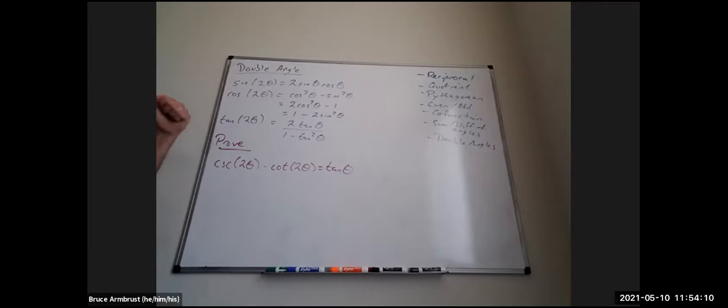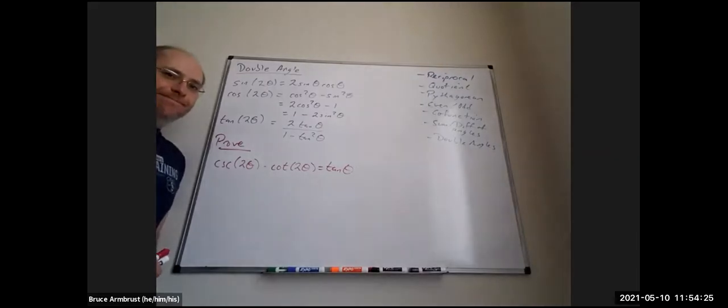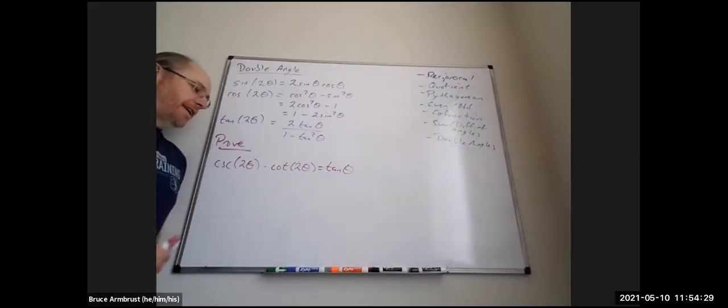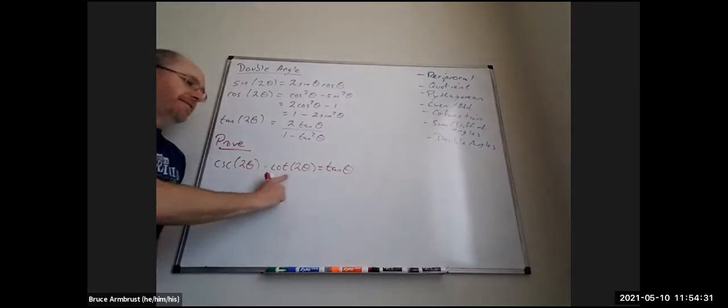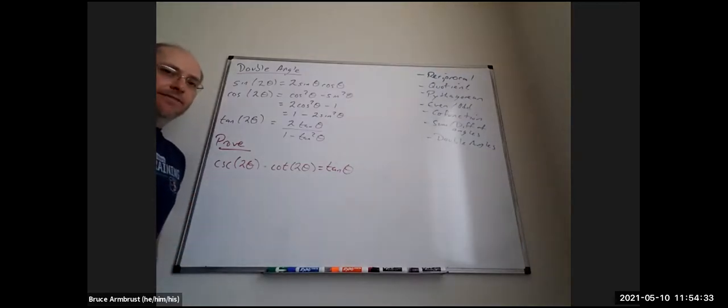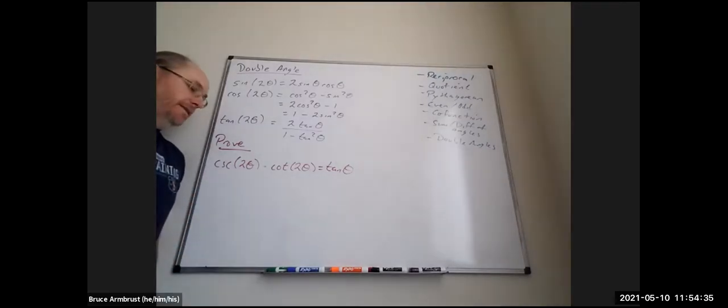Okay, and then you look at these and you go, well, this is bad. We don't actually have any identities for cosecant of 2 theta or cotangent of 2 theta. All right, so what do you think would be a good first step with this left-hand side then, since we don't actually have identities for cotangent and cosecant?